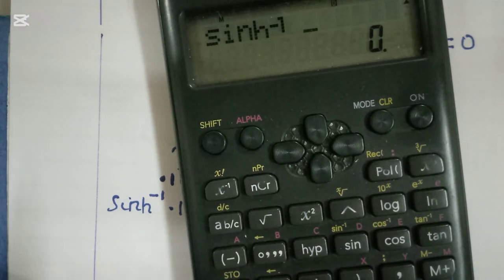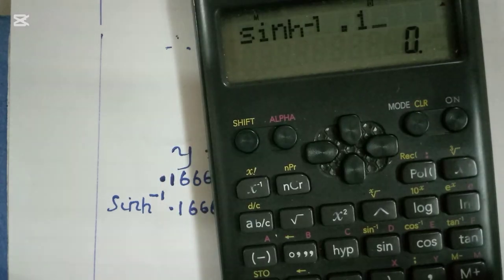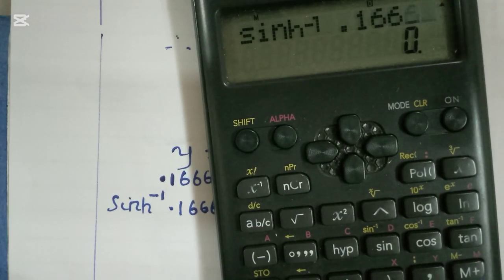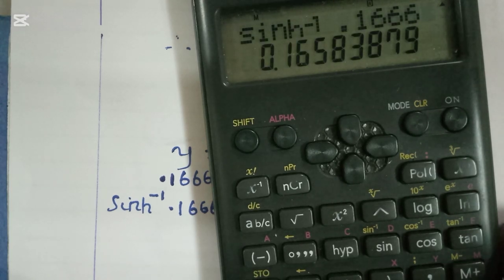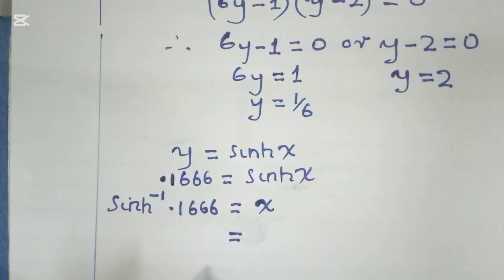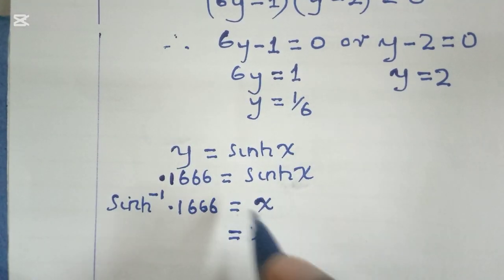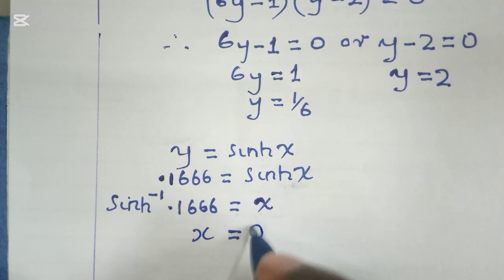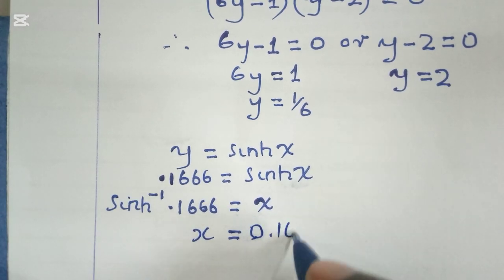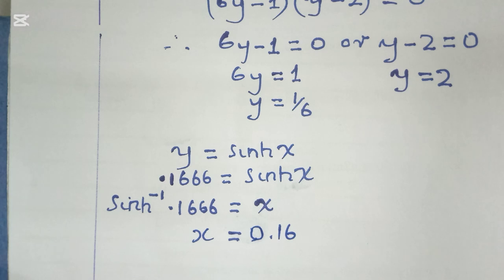Now you can see that is sine hyperbolic inverse of 0.1666. This one gives us 0.1658. So x is going to be 0.1658.